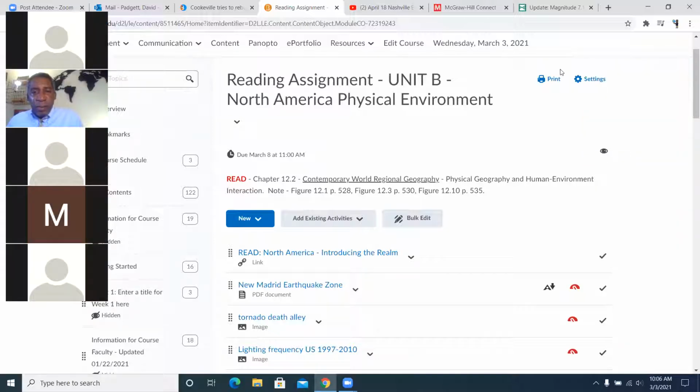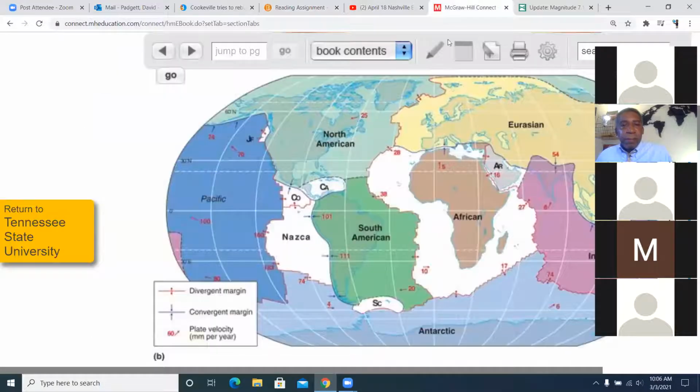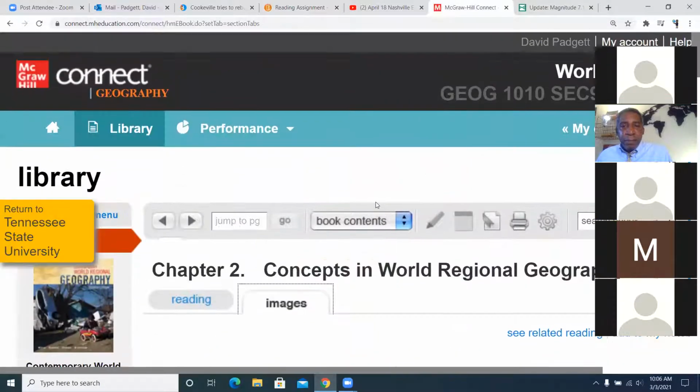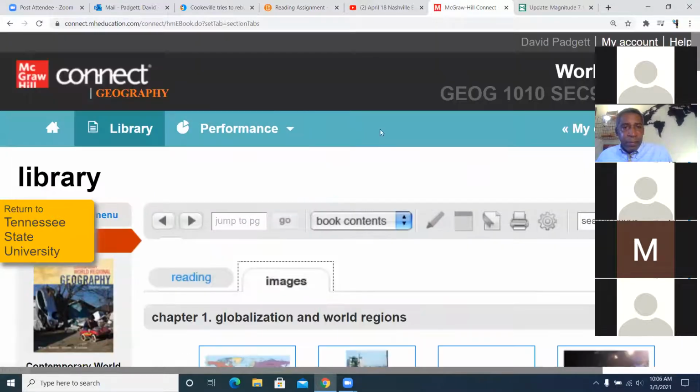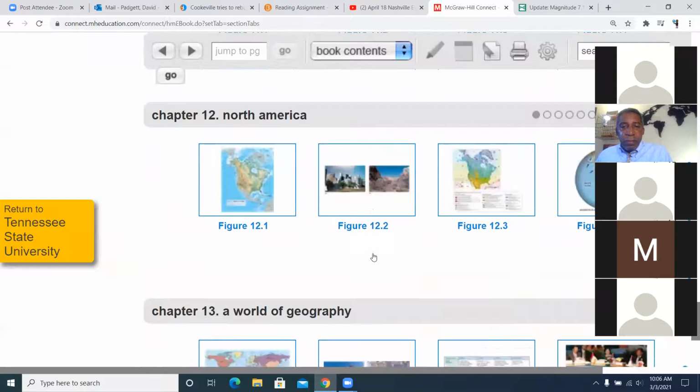So let's look at some other figures of interest. Let's see, figure 12-10 in the textbook. You just navigate your way through the textbook's figures.